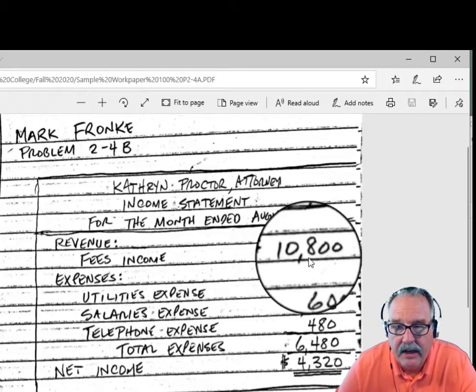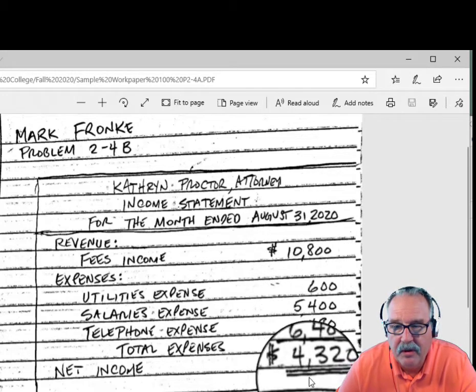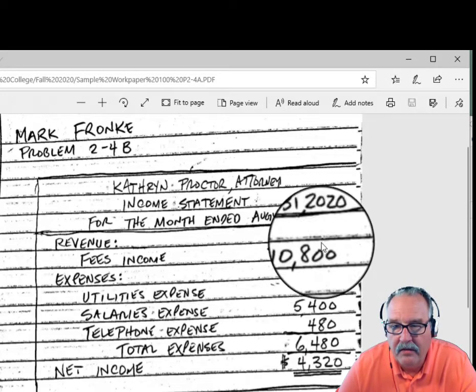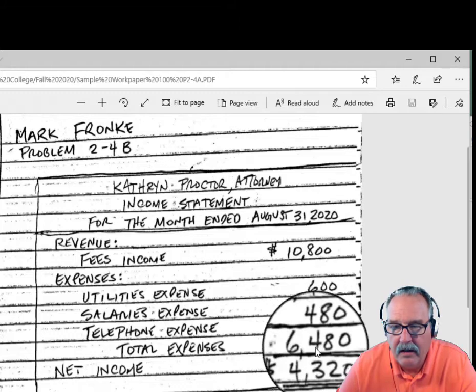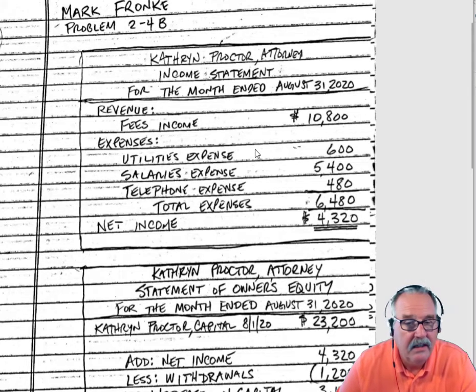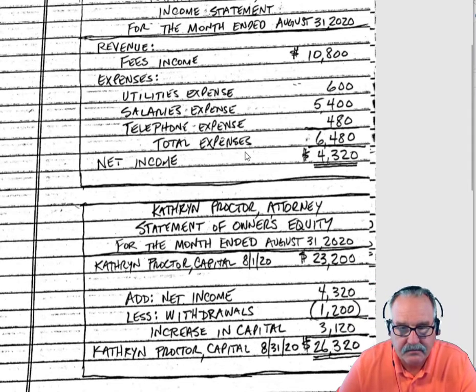You notice how the commas on each one of these lines up. The ones, the tens, the hundreds, the thousands, they all line up. Make them line up. Your handwriting doesn't need to be perfect, but it needs to be legible. I think most people would be able to read this worksheet.